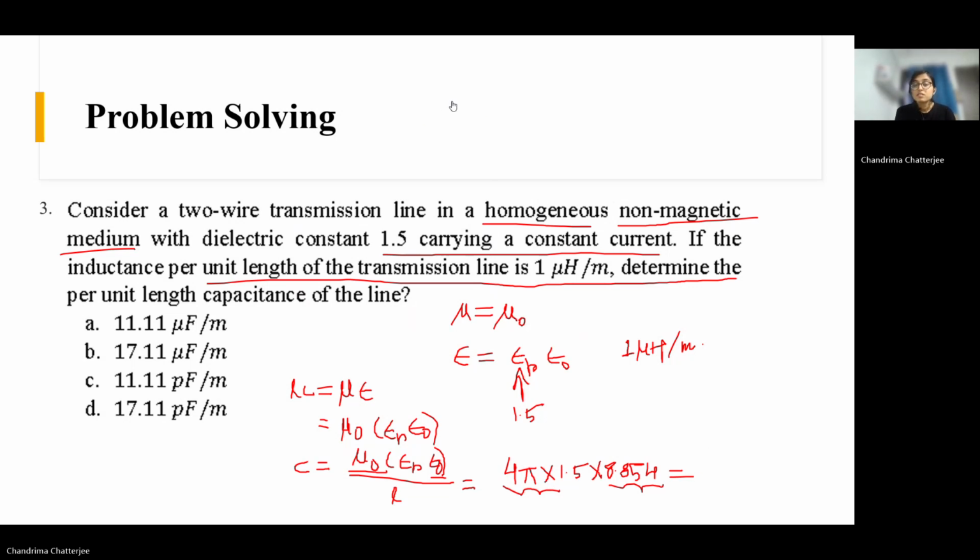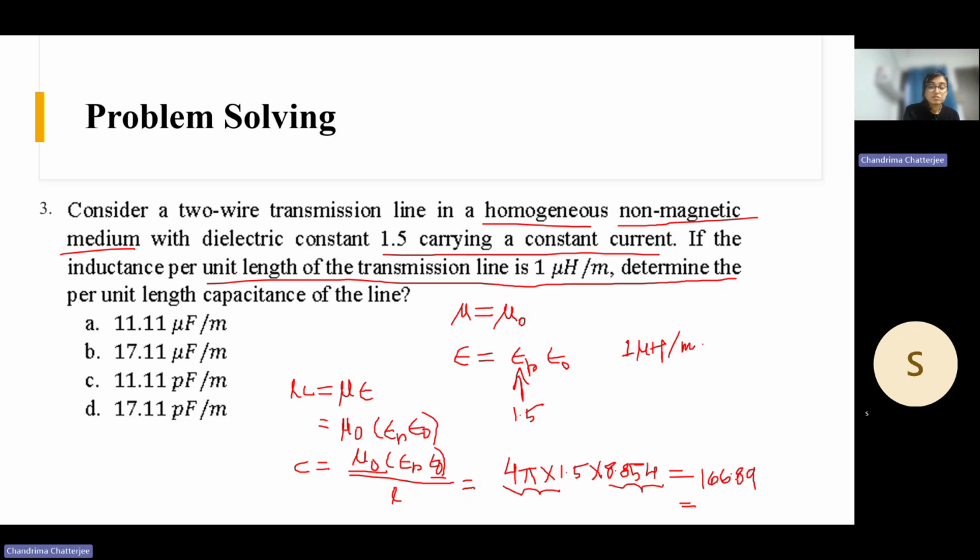166.89, right? So by 10, this will become almost 17.11.